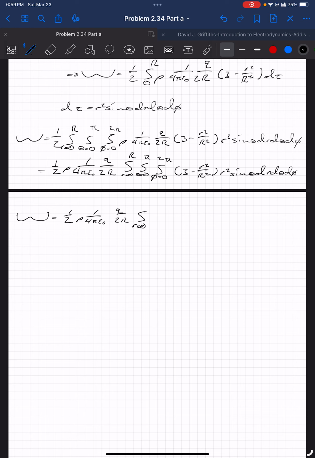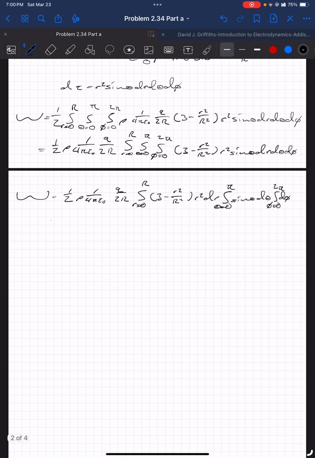From r equal to 0 to large R, we will have 3 minus small r squared over large R squared times r squared dr, and the integral theta equal to 0 to pi of sine theta d theta, and the integral of phi equal to 0 to 2 pi of d phi, which if we solve the integrals, we will get rho q over, I believe, 16 pi epsilon naught large R, and this is from multiplying all of these together.